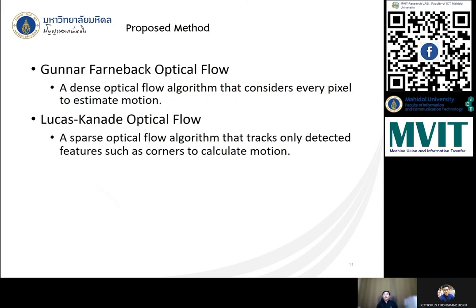Okay, and for optical flow, we can have dense optical flow and also sparse optical flow. Dense optical flow applies the calculation on every single pixel in the image or video, but sparse optical flow applies the calculation on the key points only.